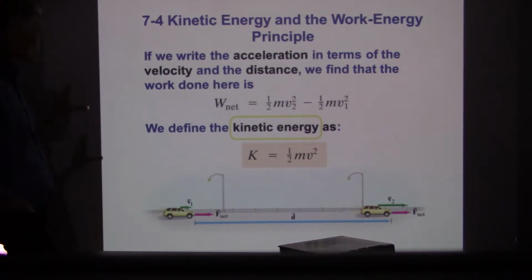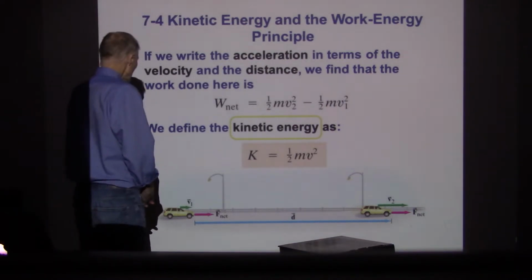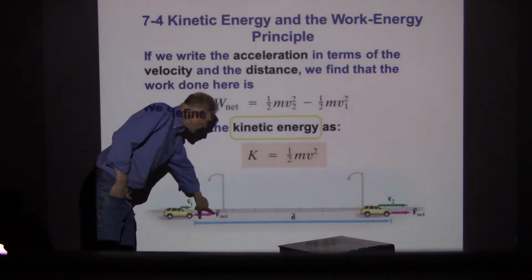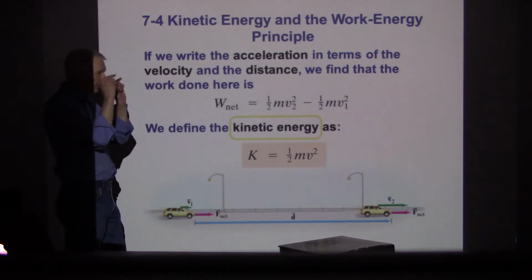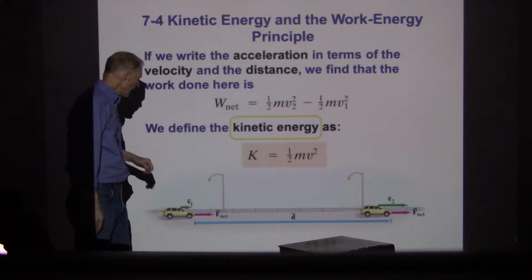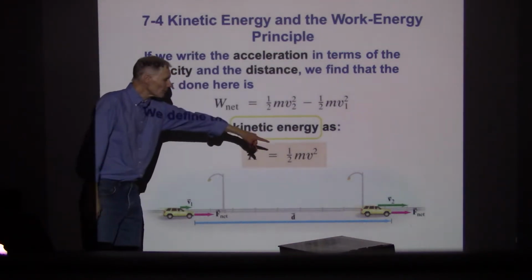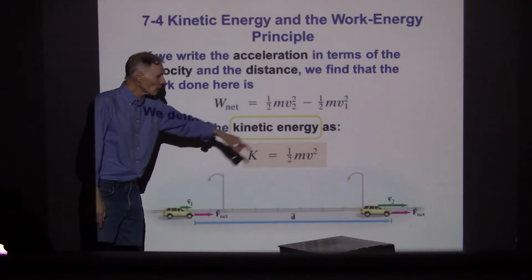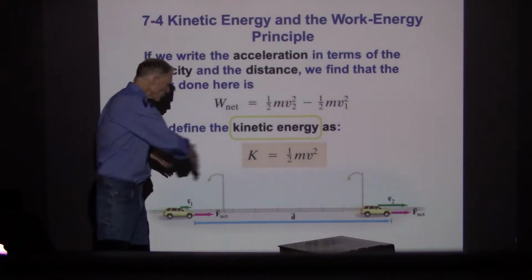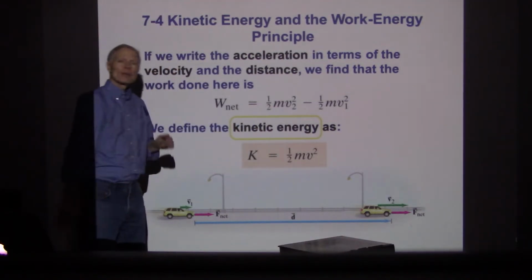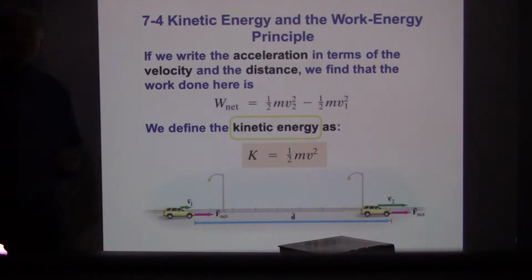Now what we're going to do is have that car speed up. How do you get something to accelerate? Well, you exert a force on it. So what's going to be required is some kind of net force in the forward direction, and that's going to take it from some velocity here up to some higher velocity over there. So over a displacement, there is a force that acted on the car.